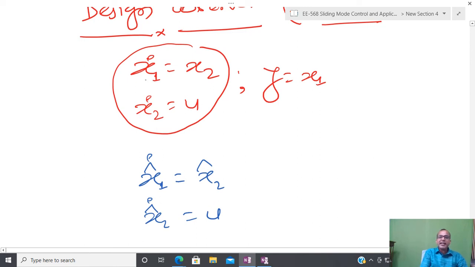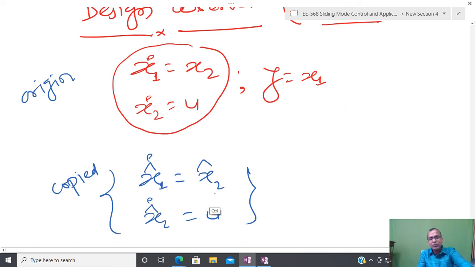What happens, since x1 is known to you but you do not know x2, I cannot say that the solution of this copied equation is exactly equal to the solution of the original equation. So this is my original system and this is the copied system.